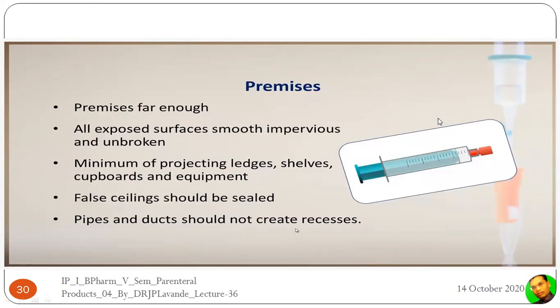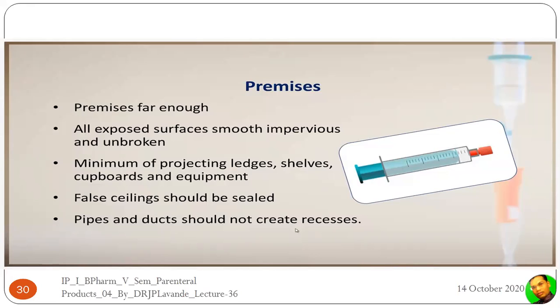As far as the premises requirement is concerned, it should be easy to clean. They should not have any kind of projections. All the exposed surfaces should be very smooth, impervious, and free from cracks. They should not have any broken surfaces and should be properly maintained. The minimum number of projecting ledges should be there, and shelves and cupboards should be kept to a minimum.